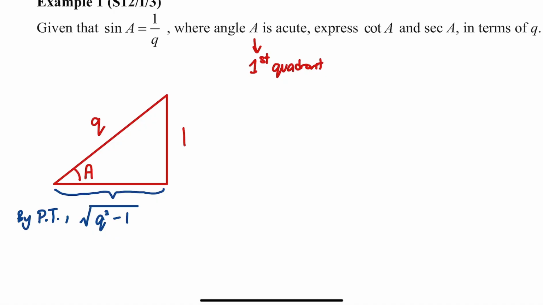Since this is in the first quadrant, sine, cosine and tangent are all positive.